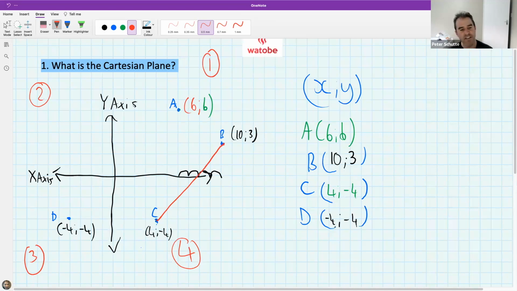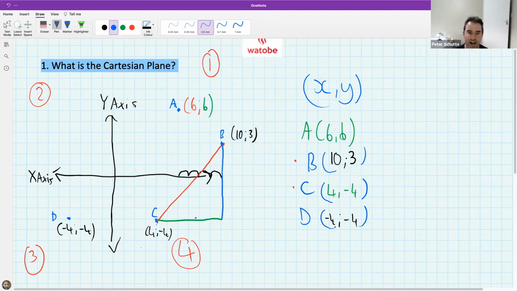Now, to find the distance between C and B, so we've chosen these two over here, a trick that we use is we use Pythagoras because this is a right angle. So if I look at the green bit and the blue bit that I'm drawing in here, these are sides of a right angle triangle.